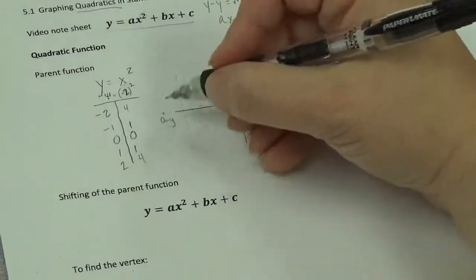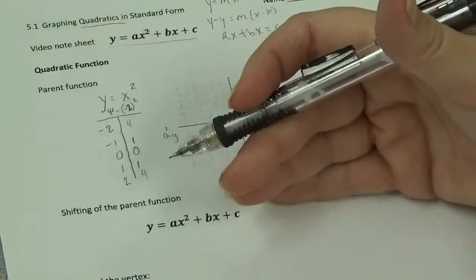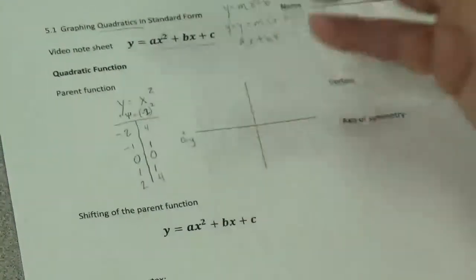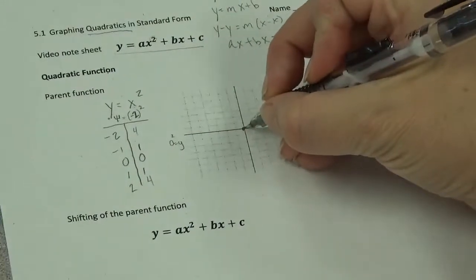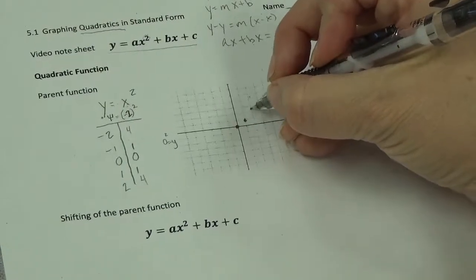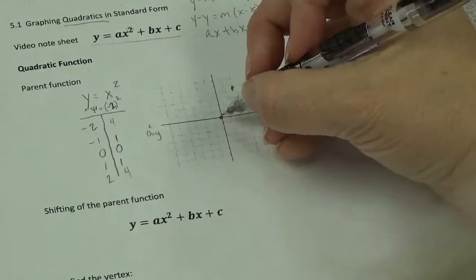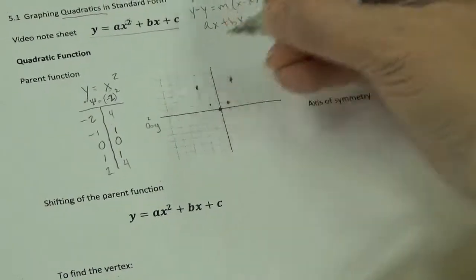So let's graph these points. And if you need to, pause the video. I'm going to move through them, but if you don't have time to write, pause the video and do writing and then unpause. So I'm going to plot these points: (0, 0), (1, 1), (2, 4), (-1, 1), and (-2, 4).